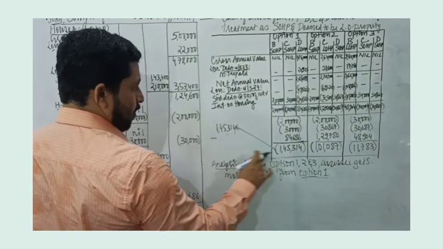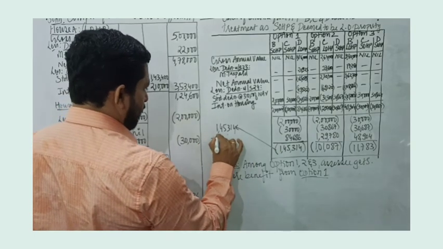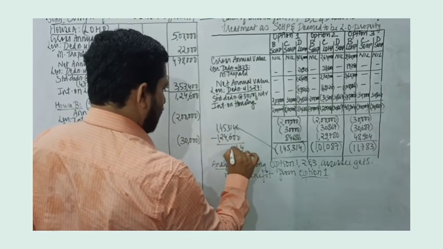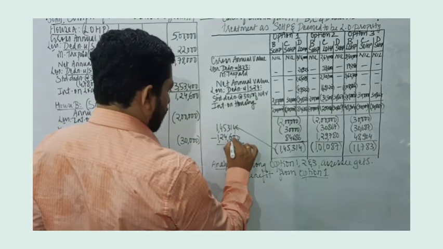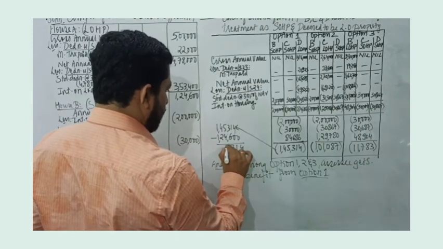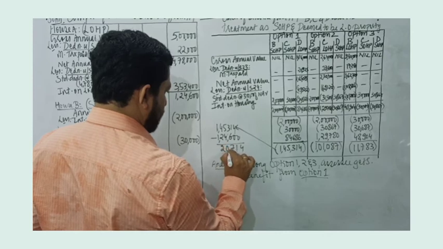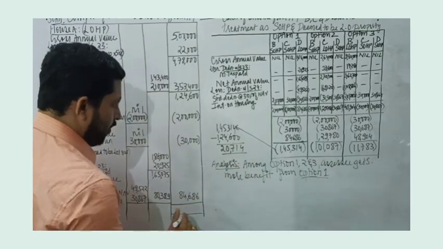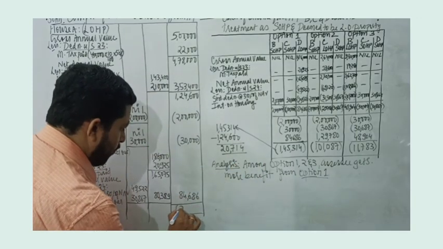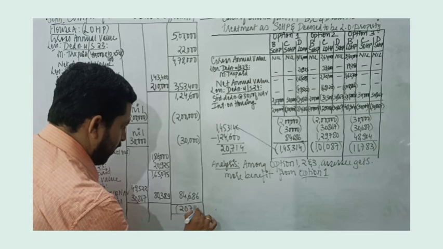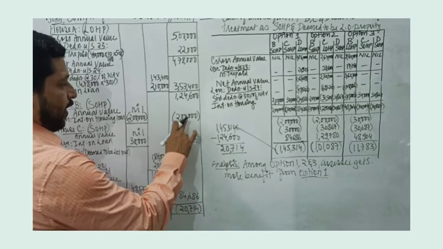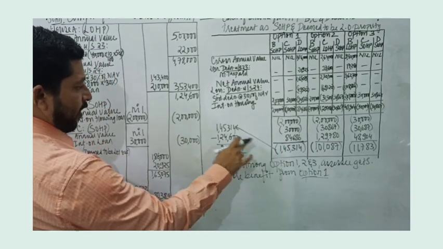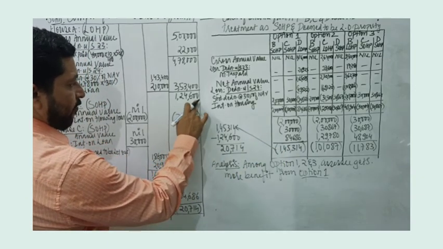This is a negative value, but you are taking it the other way. So 1,24,600 is the income. If we deduct, you get a negative value of 20,714. So you had this number, 1,45,314, and this is plus 1,24,600.